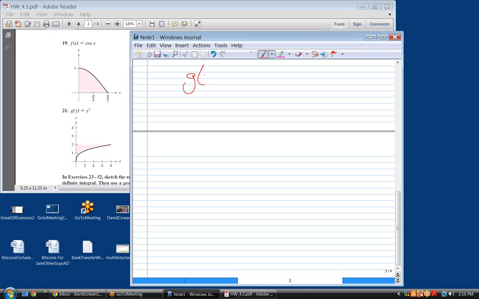Well, we have g of y equals y cubed. So I could say x equals y cubed defines that line. Furthermore, I could say y equals the cube root of x.